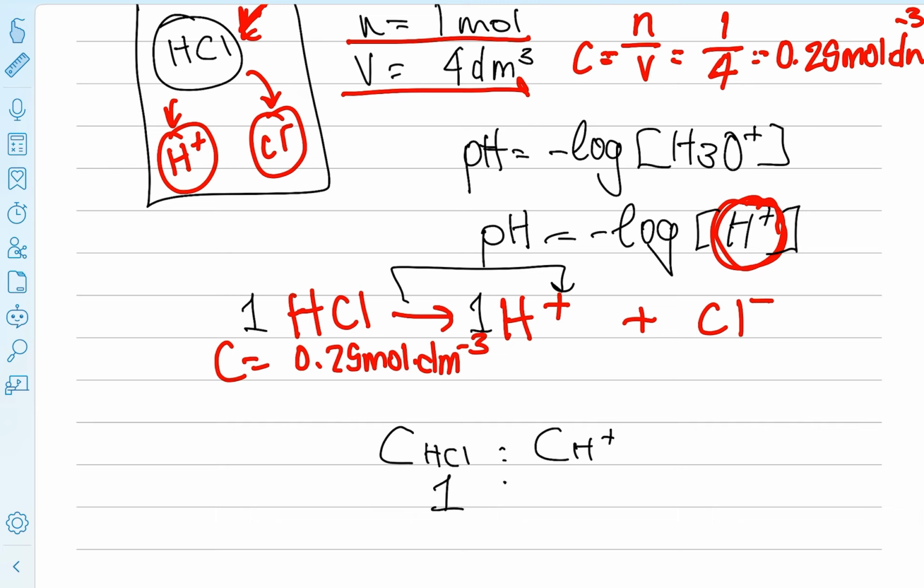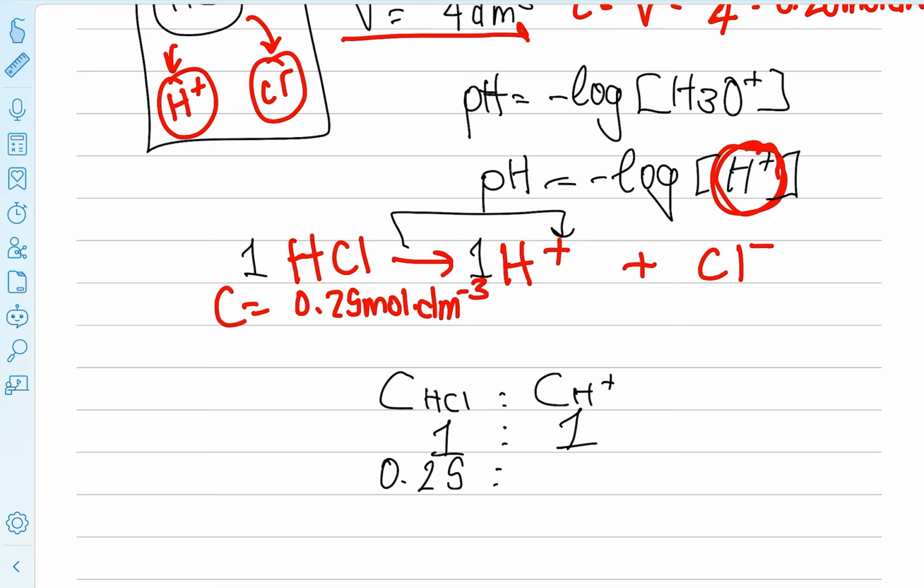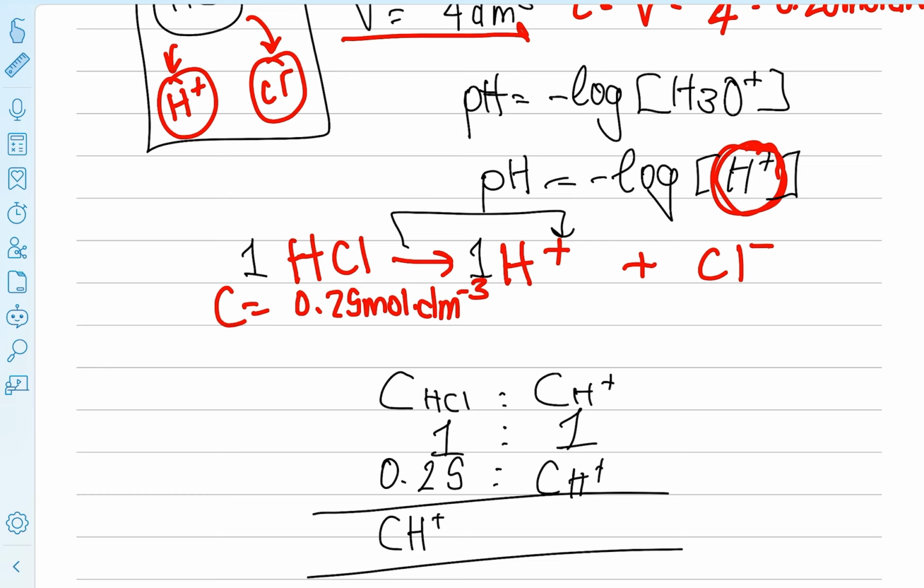So 1:1 is telling us that if the concentration of hydrochloric acid is 0.25, in a ratio of 1:1, we can now find the concentration of hydrogen ions. And now you'll see that the concentration of your hydrogen ions is 0.25 moles per cubic decimeters. And that is what you put into your equation there.